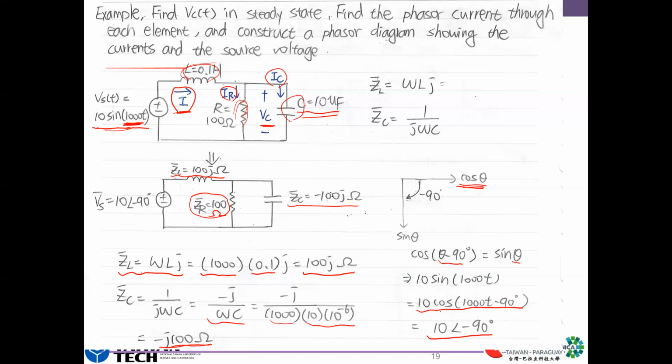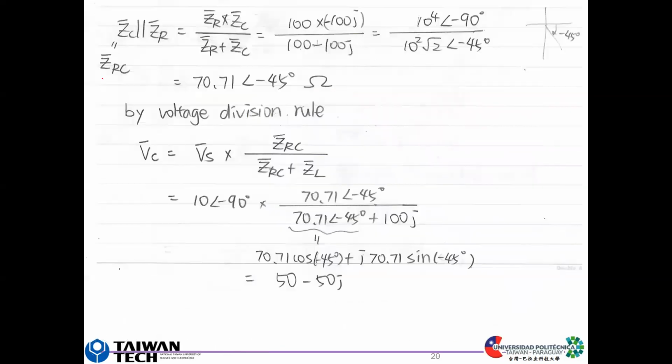The way to do it is to calculate the parallel impedance for these two, the resistor and the capacitor. Its equivalent impedance is called ZRC. It is the parallel of ZC with ZR.